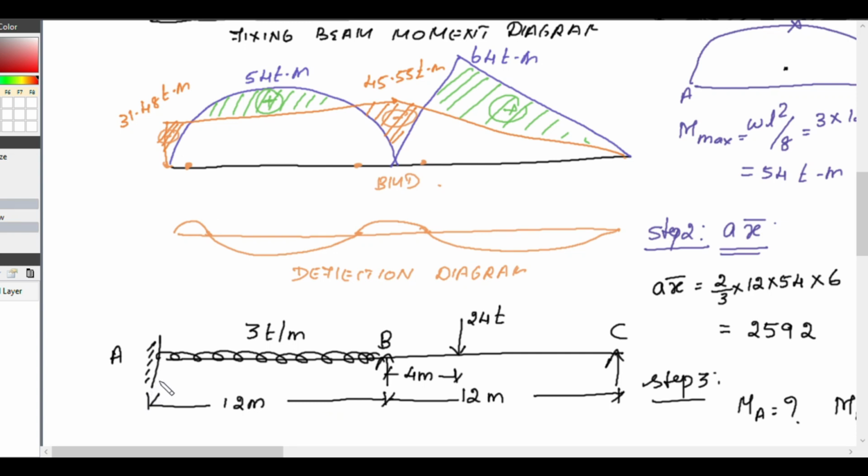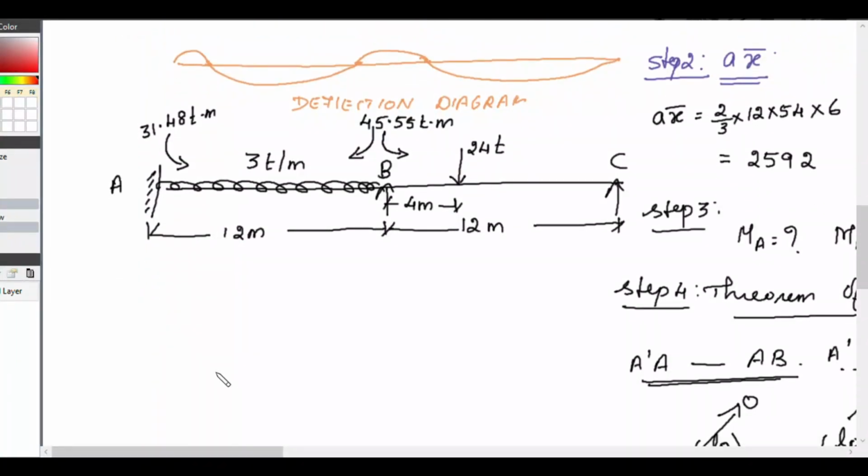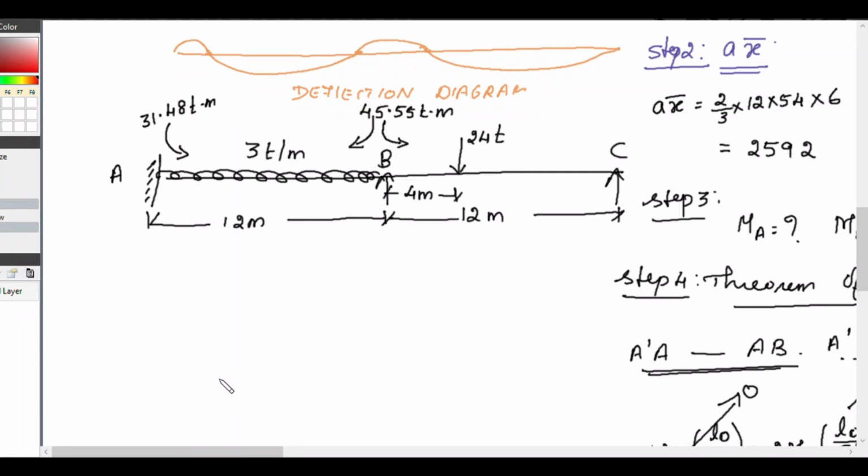So now the moments are, at A we have a negative moment. So negative moment means we will be drawing like this. So this is 31.48 tons meter. At B also we have a negative moment of 45.55 tons meter. Now in order to find the shear force, we will consider the static equilibrium conditions.